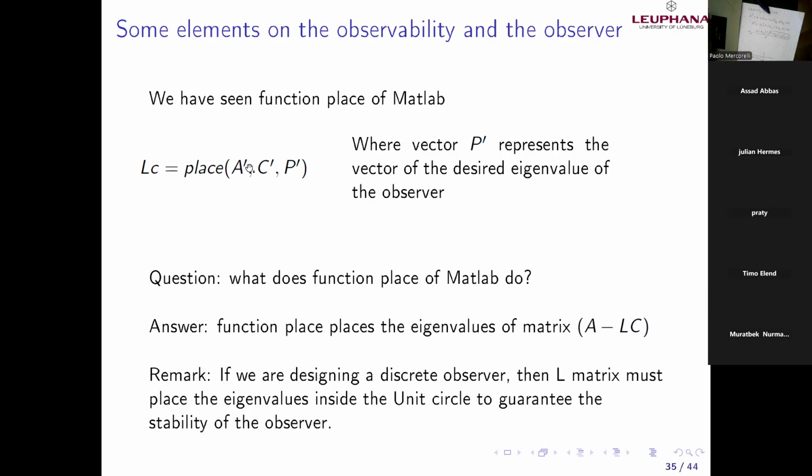Therefore, we have as a first argument not A, but A transposed. But if you remember math, the eigenvalues of A equal the eigenvalues of A transposed. It's connected with this concept. I don't have time to go in depth on this very important but a little bit complex concept of system theory, but in any case I tried to explain. Again, P transposed represents the vector of the desired eigenvalues of the observer, to be more precise the column vector, but nevertheless the vector.